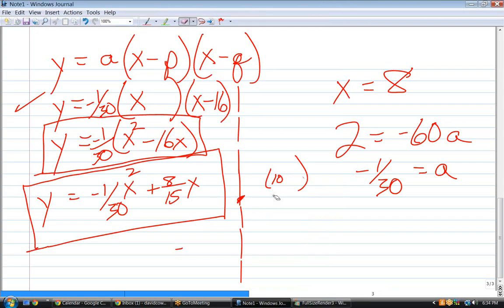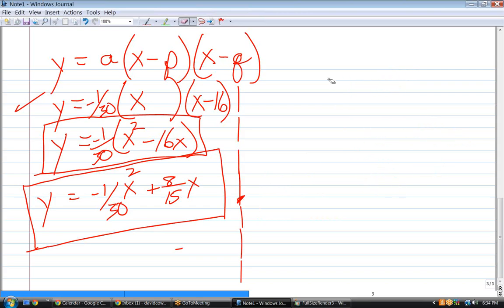In other words, negative 1 equals negative 1/30 x squared plus 8/15 x. And now we want to solve that quadratic equation.